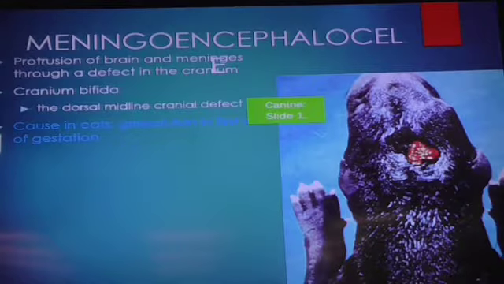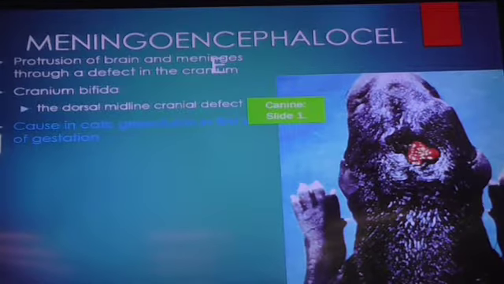So kind of like spina bifida. Is anybody familiar with spina bifida? What is one of the things that they say could prevent spina bifida? Folic acid.